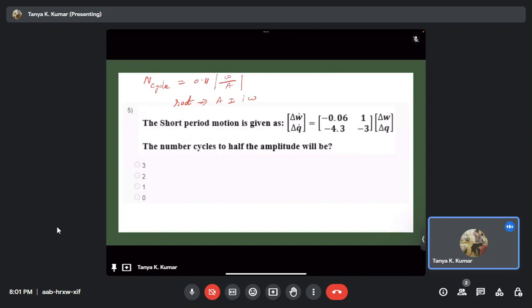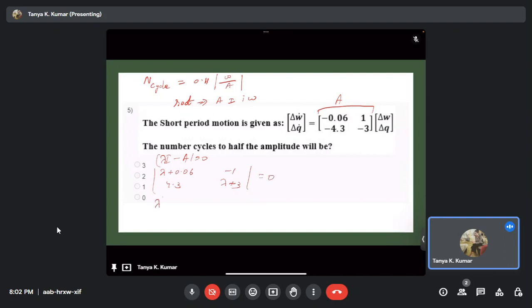Okay, let's do this. Find the characteristic equation. Okay, so you have lambda I minus A determinant equal to 0, where this is A. So you have lambda plus 0.06, minus 1, 4.3, lambda plus 3, right? So what is the equation?